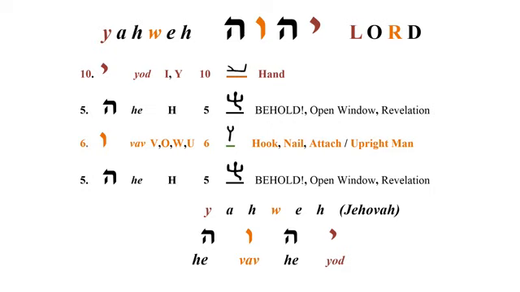So Yahweh actually is the hand reveals, the nail reveals. Who's that? Okay, this is Yahweh God, Yahweh Elohim, Yeshua, the Ruach HaKodesh, the Holy Spirit. They're God. There's three. They're one.